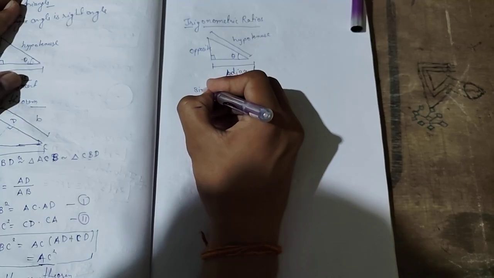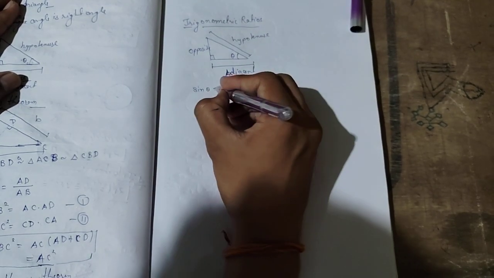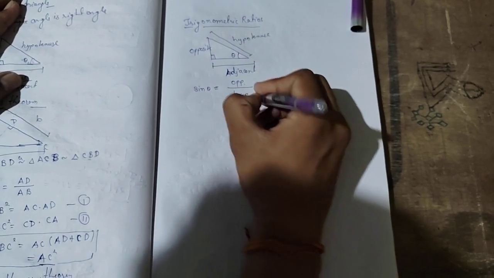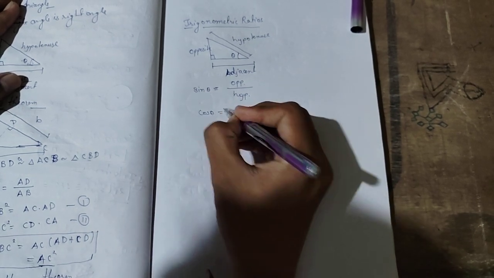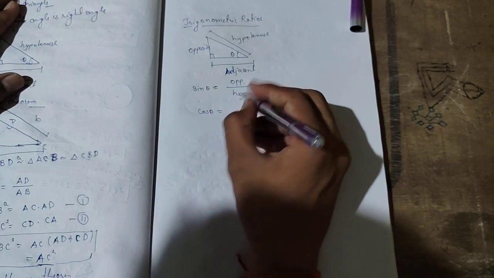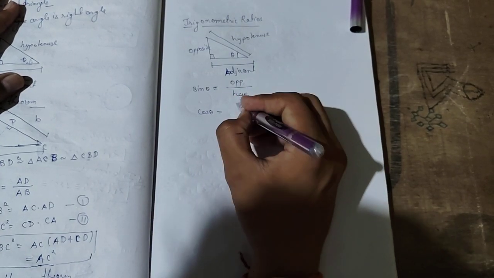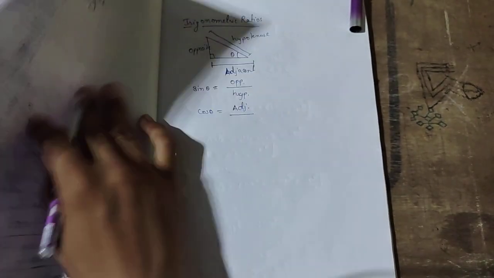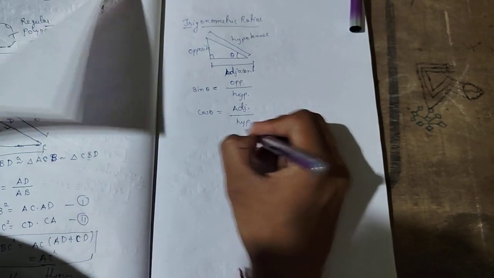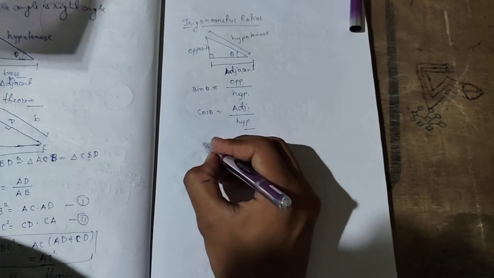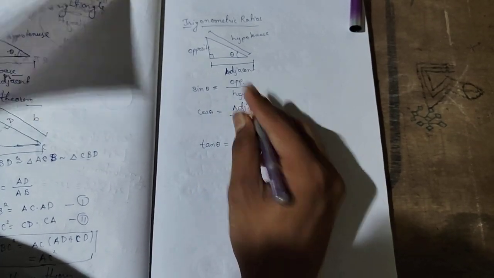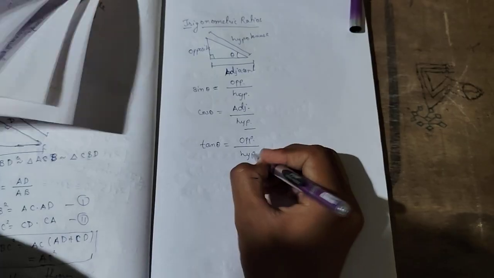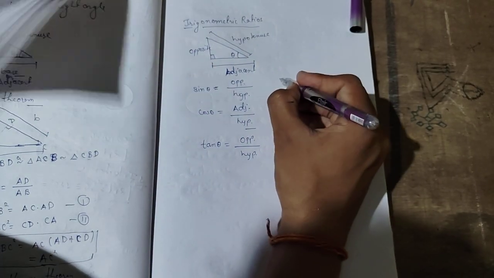Now we define sine theta as the ratio opposite over hypotenuse, and cos theta as adjacent by hypotenuse, and we define tan theta as opposite over adjacent.